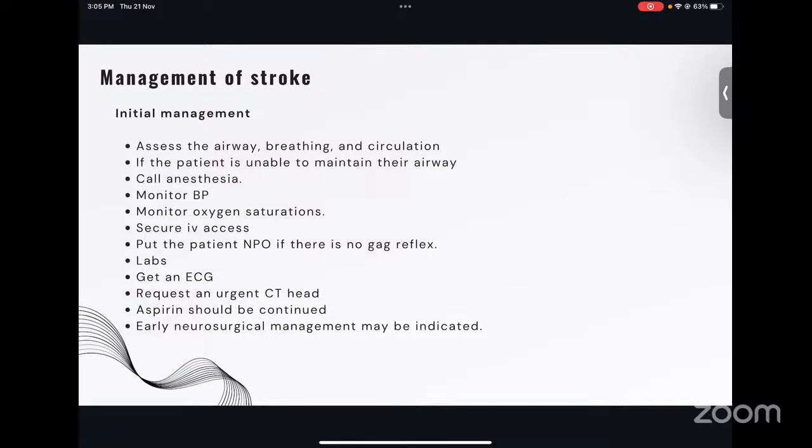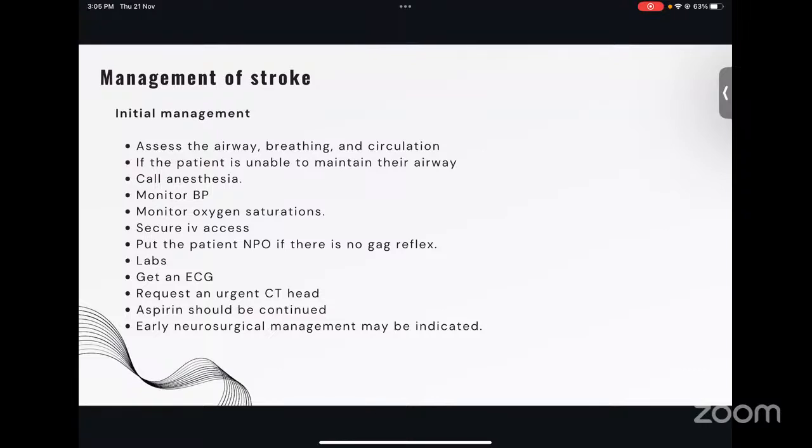Management for stroke. The initial management starts with ABC, which is check the airway, check the breathing of the patient, and check the circulation. If the patient is unable to maintain their airway, insert a Guedel airway, give bag and mask ventilation with 100% oxygen, and call the anesthesia.